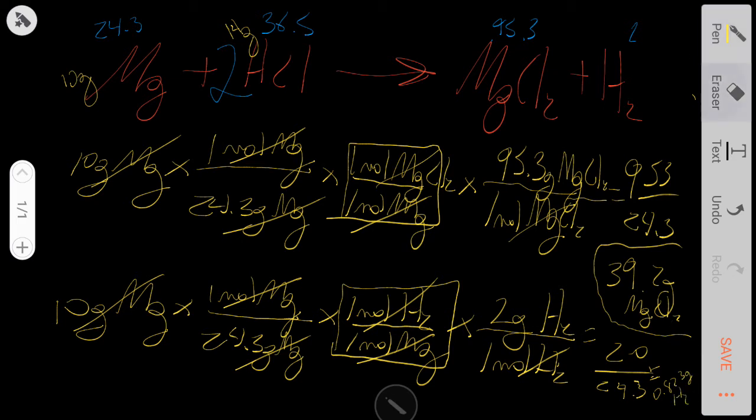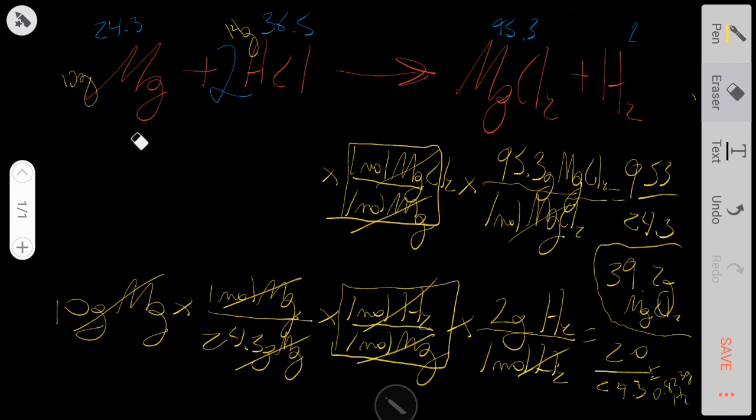So now that I've found out, I'm halfway done, by the way, with finding out my limiting reagent. But in this, I've now found out that with 10 grams of magnesium, the most I could possibly make with that amount of magnesium is 39.2 grams of MgCl2 and 0.823 grams of H2. So I'm done looking at magnesium.